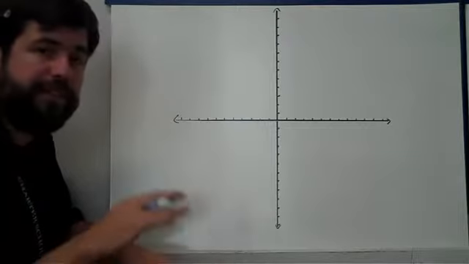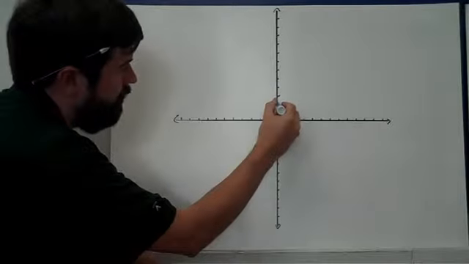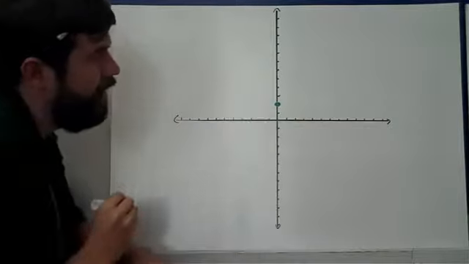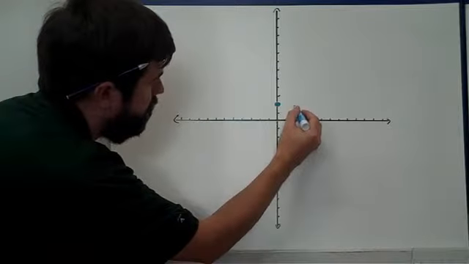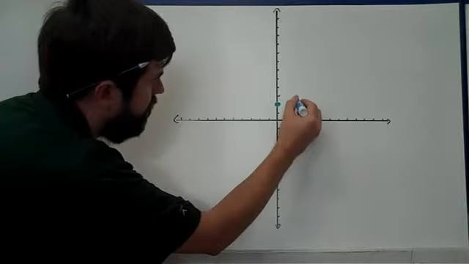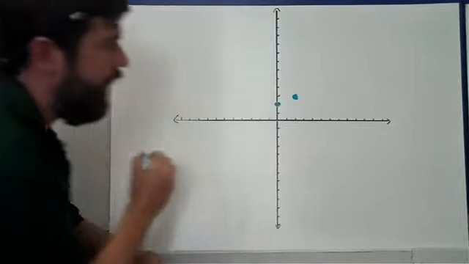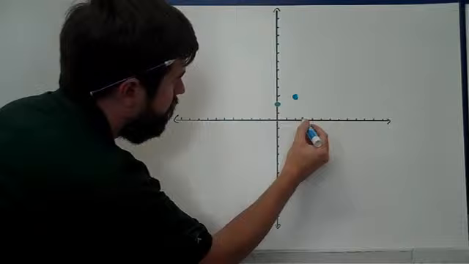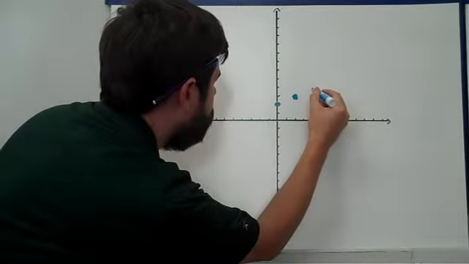The sequence here is very important. So for the first equation, 0, 2 is the first point, and 2, 3 is here. Make sure I'm doing that in the right spot. There we go. And then the third one is 4, 4.